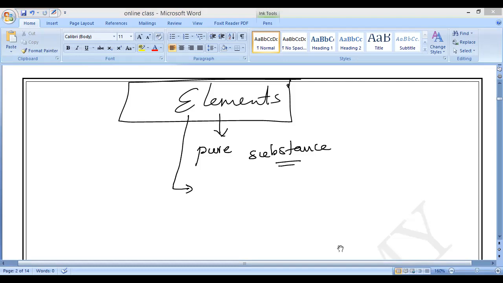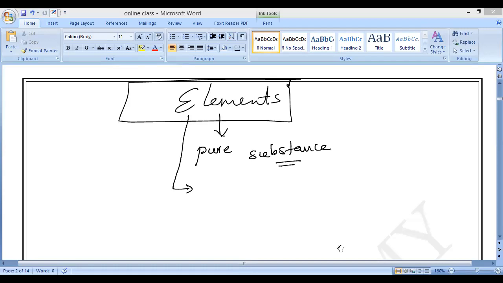Element is a pure substance which cannot be split up into two or more simpler substances by the usual chemical methods or by any kind of physical methods, like applying heat, light or electricity. We cannot split it into further substances. That is called elements.